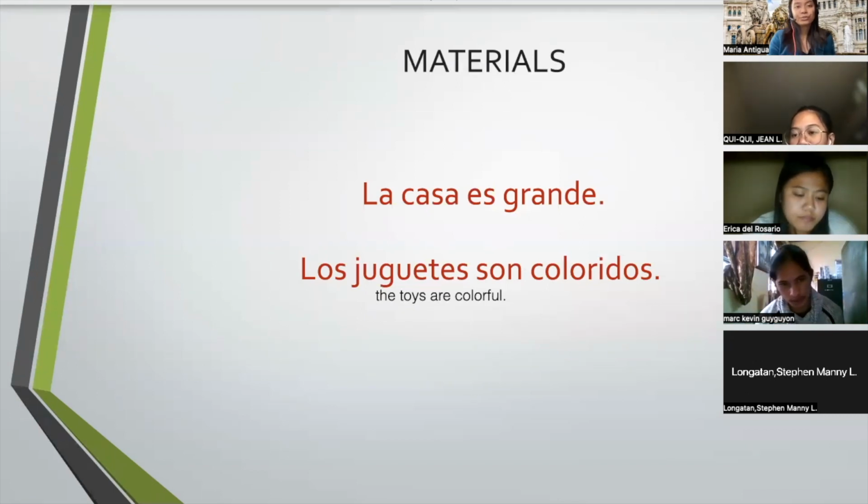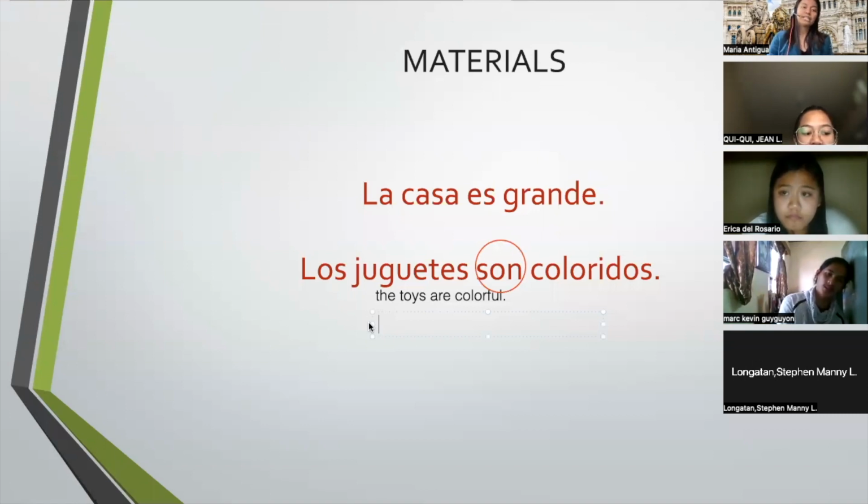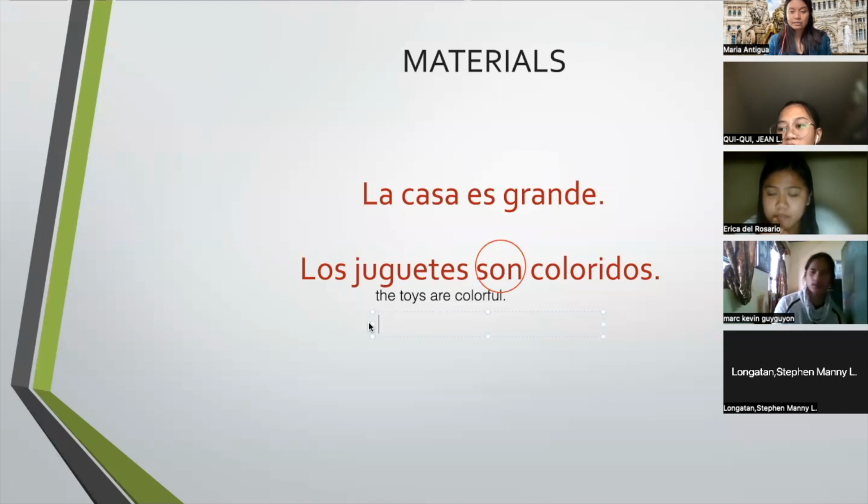Okay? Son, bakit son? So before mag-end yung Zoom natin and then we open a new one. Bakit son? Kasi ano ang plural? Come on, let's help me on this. Last 1.5. Ano ang plural pronoun niya in plural ng the toys? Anyone? Plural pronoun. You're not gonna use it is colorful because you are pertaining to plural.